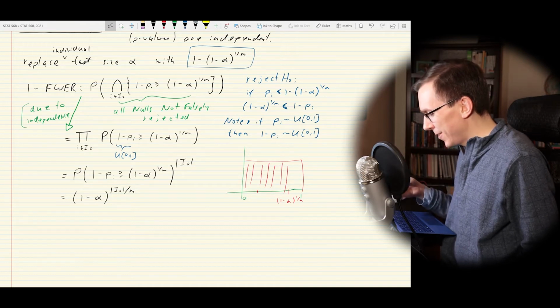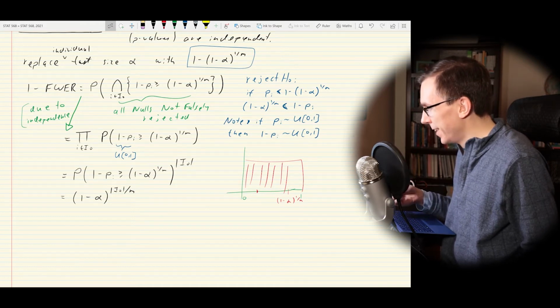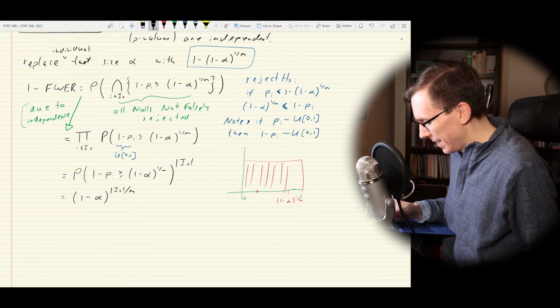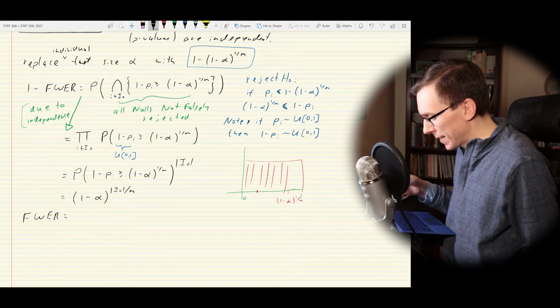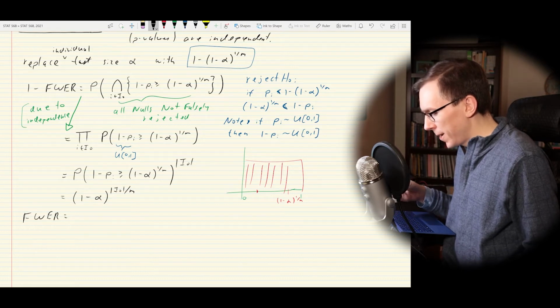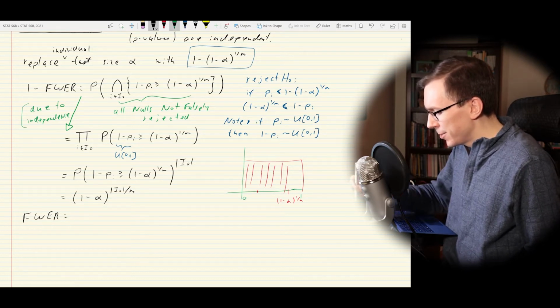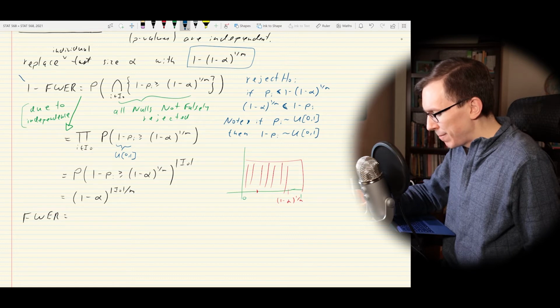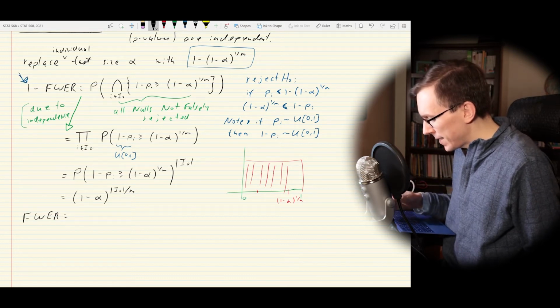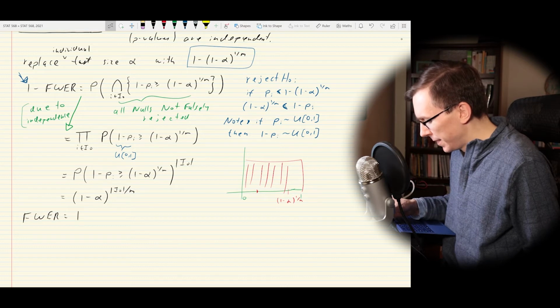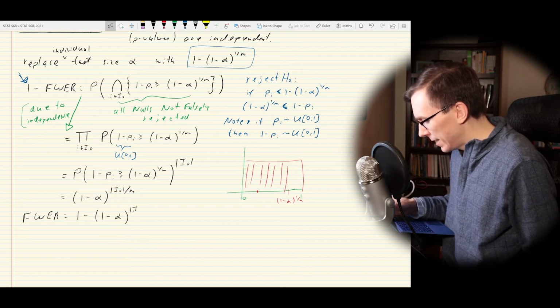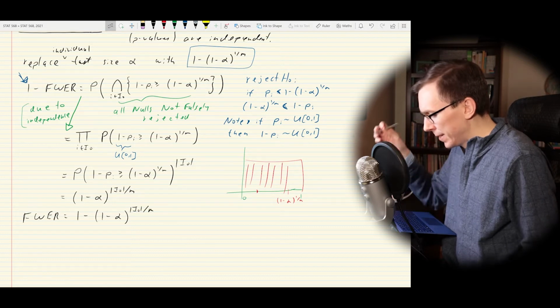Anyway, now that we have all of this put together, what we can say is that the family-wise error rate is going to equal, because notice I never actually used any inequalities yet, so if I undo this 1 minus up here, I get that the family-wise error rate is going to be 1 minus alpha to the I naught over m.